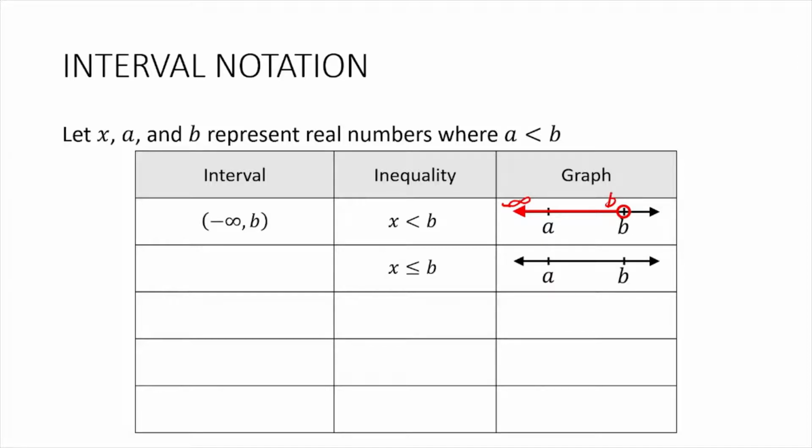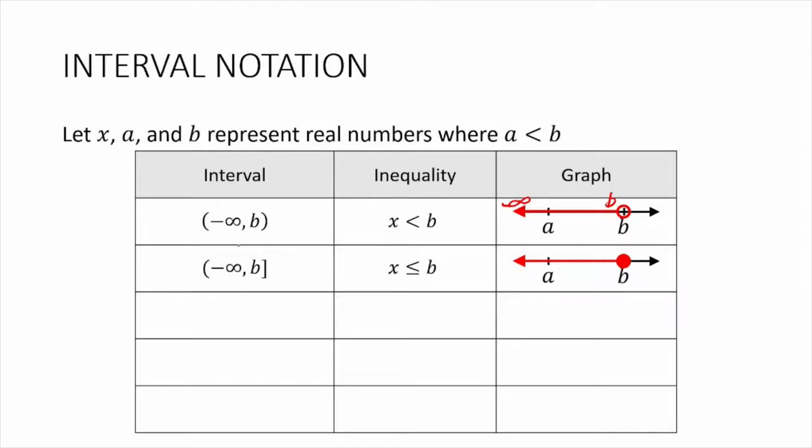From b, including b, we draw a closed circle, going to the left, or to the negative direction, to negative infinity. In this case, b is now included because of the equal sign. So still from negative infinity to b, but this time we use a bracket because b is now included.